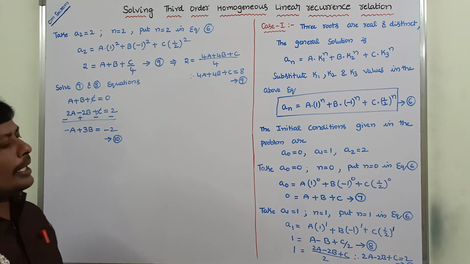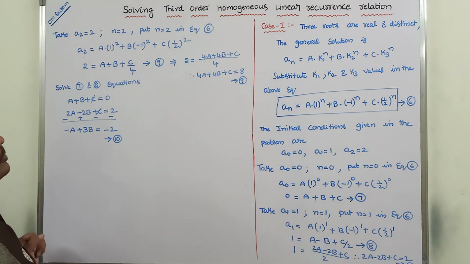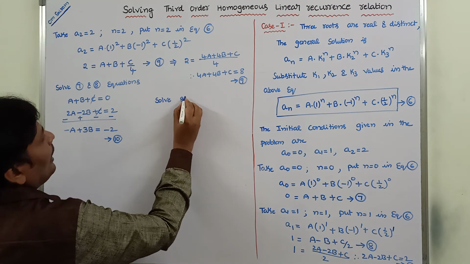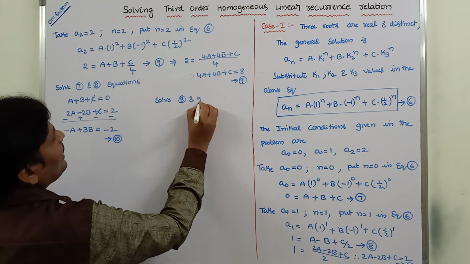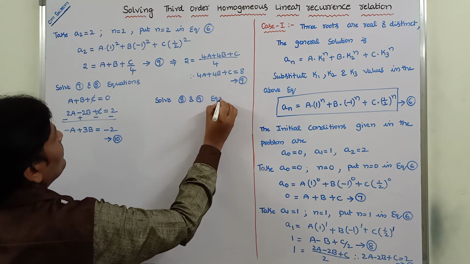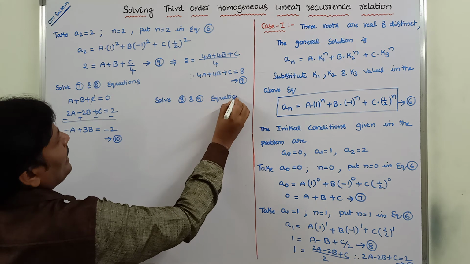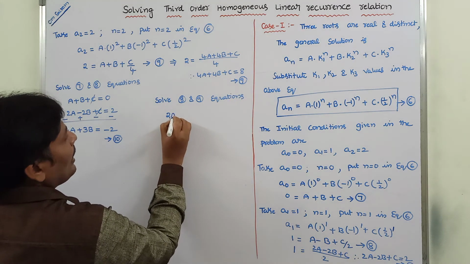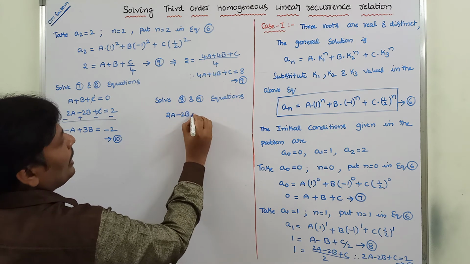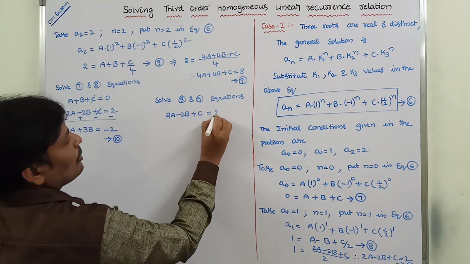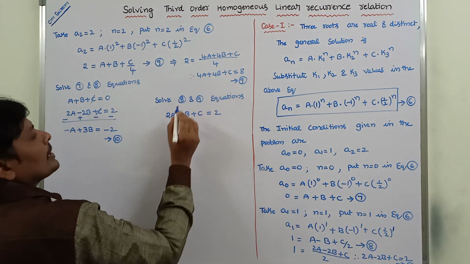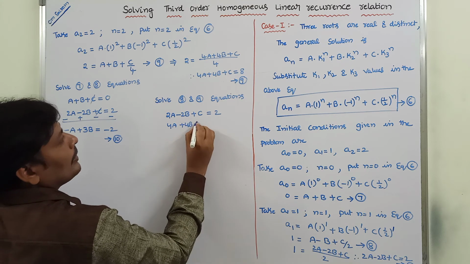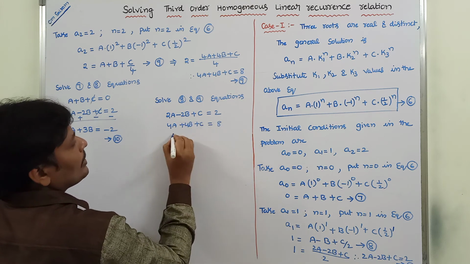Okay. Next. The 8th and 9th equations we have to solve. Okay. So, solve 8 and 9 equations. So, the 8th equation is 2A minus 2B plus C is equal to 2. Okay. The 9th equation is 4A plus 4B plus C is equal to 8.